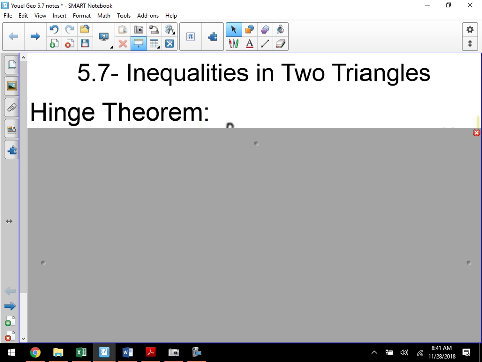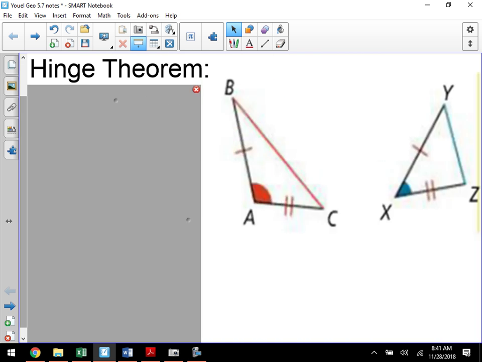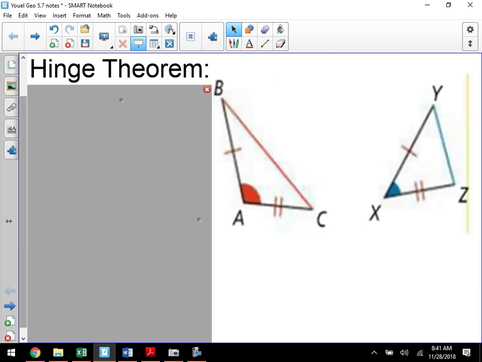So this is what we call the hinge theorem. The hinge theorem is super simple. I want to show that in terms of a picture first.